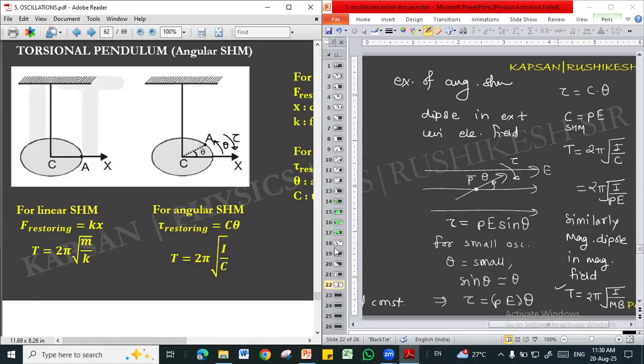Okay. Anyone tell me the unit of C? What is the unit of C?